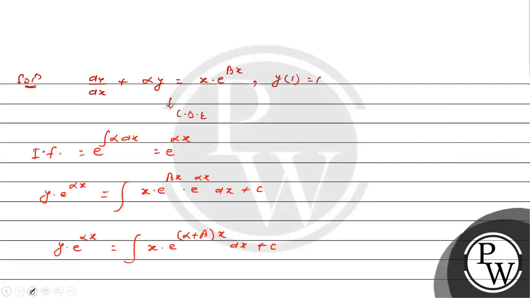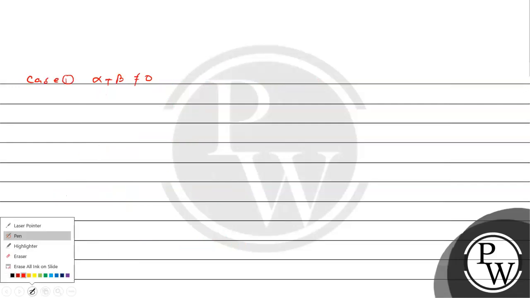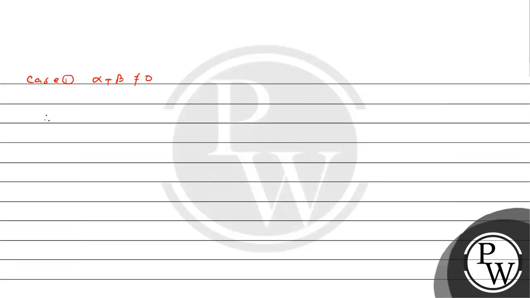In this case, the integration becomes integration by parts. Therefore, y e^(alpha x) = u times v.